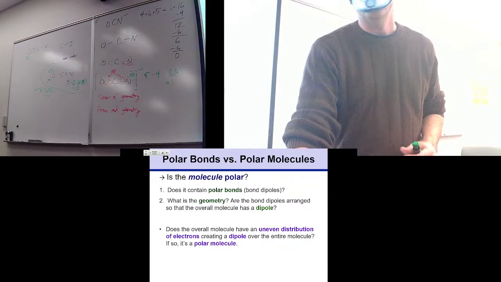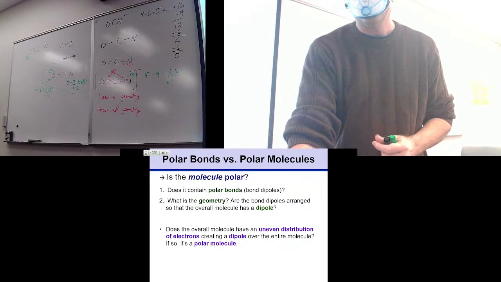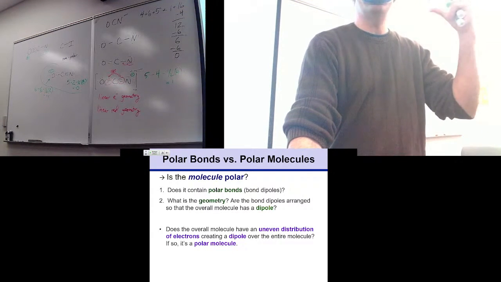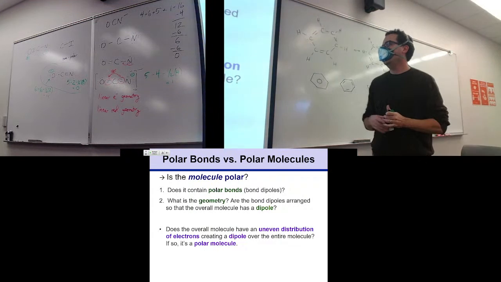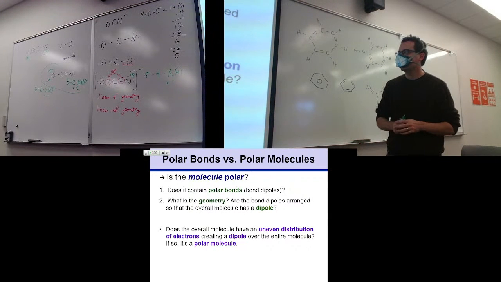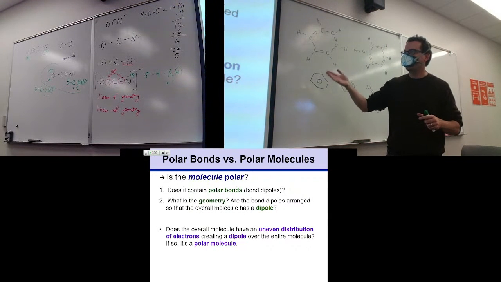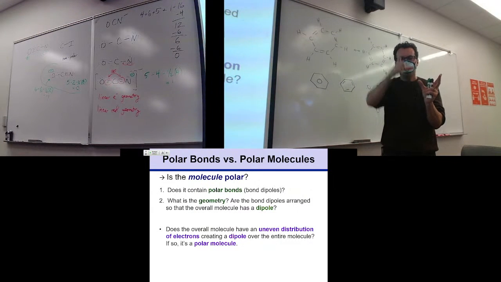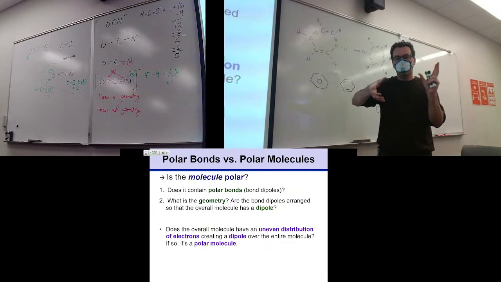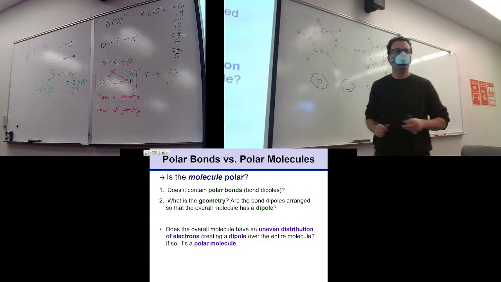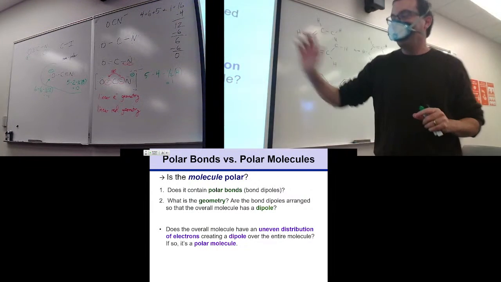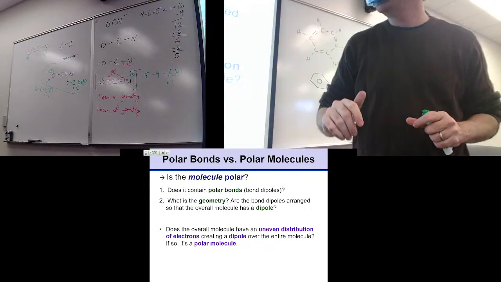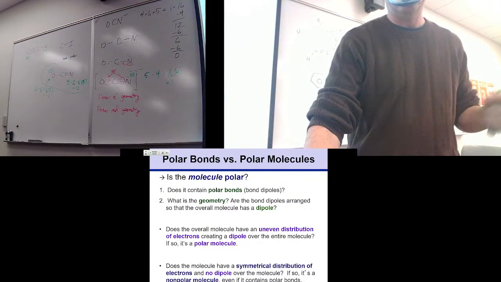I'll start with the complicated way to think about it, which is you need a good way to visualize three-dimensional stuff in your head. Does the molecule have an uneven distribution of electrons, creating a dipole over the entire molecule? Is this bond and this bond and this bond all together creating an uneven distribution of electrons, or is it kind of balancing out? If it's creating an uneven distribution of electrons, it's polar. If not, it's going to be nonpolar.